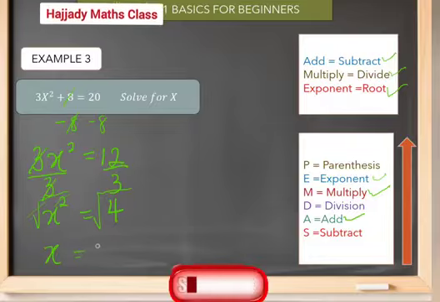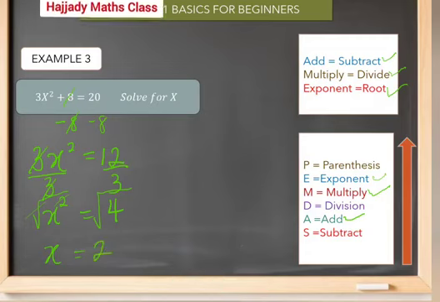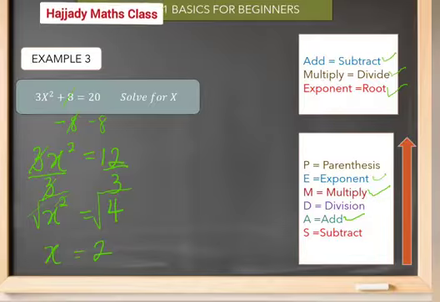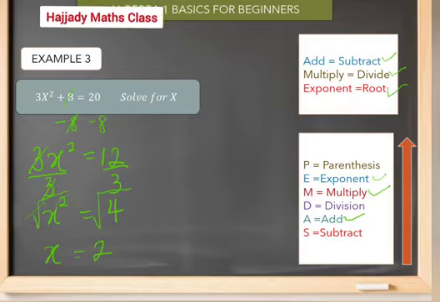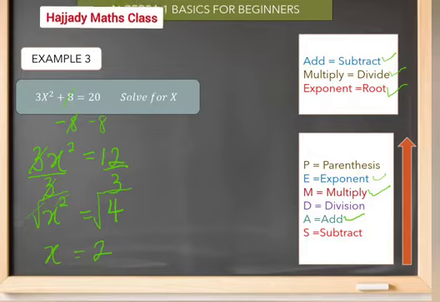We have the square root of 4 to be 2. You can say plus or minus 2, but I'm working with a real positive value, which is 2. So this is the answer to this problem. Now, if you look at this again, we use 3 operators: the subtraction, division, and the roots.